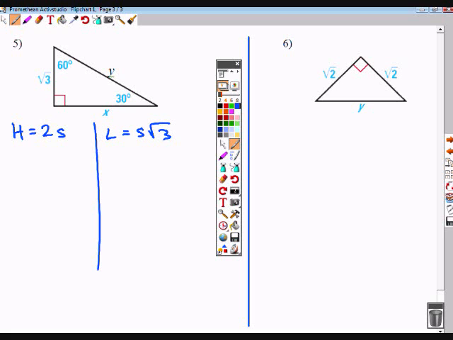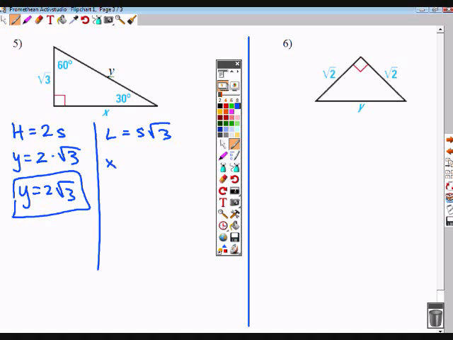Hypotenuse, defined as y, equals double the shortest leg, which here is radical 3. So your answer is 2 square roots of 3 for the hypotenuse. The longest leg, defined as x, equals the shortest times the square root of 3. Again, we've already used the shortest. It's the square root of 3 times the square root of 3. So the value for the longest leg x ends up equaling 3.